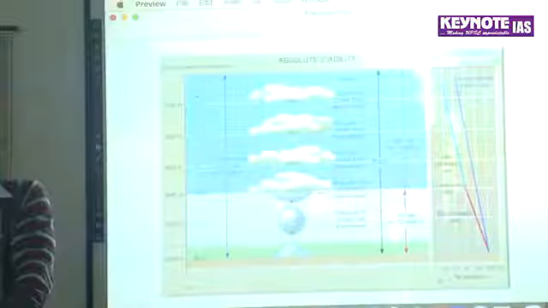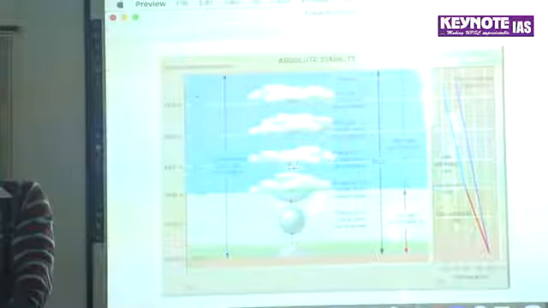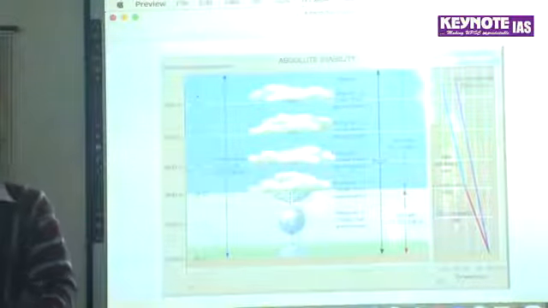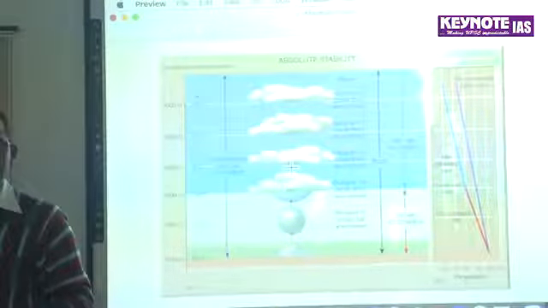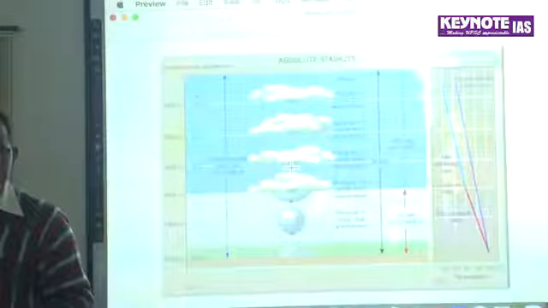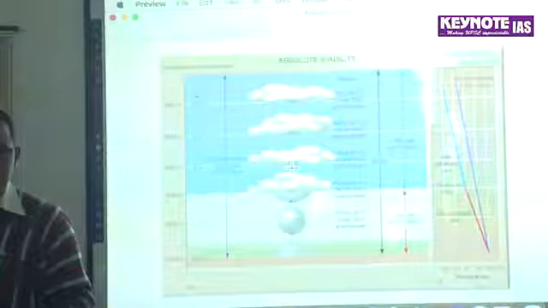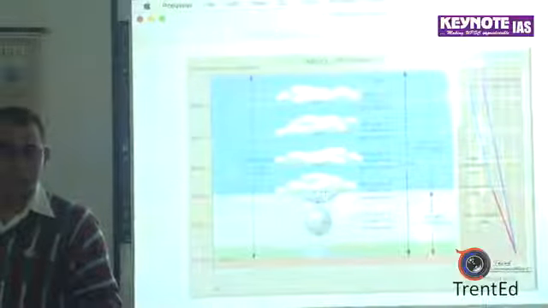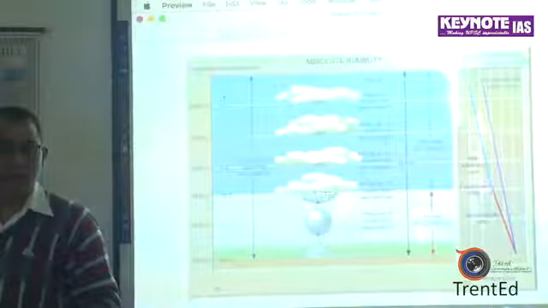Thereafter, look at here, 6 degrees Celsius per kilometer. The decrease in wet air is less. The decrease in dry air is more. So at 1 kilometer, the adiabatic lapse rate is 10 degrees Celsius per kilometer. Second also 10 degrees Celsius per kilometer. At third it is 6 degrees Celsius per kilometer. What do you mean by wet air?